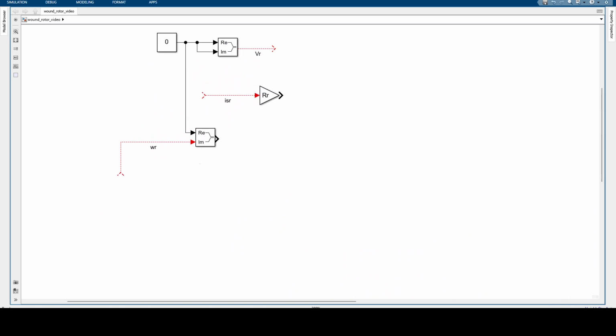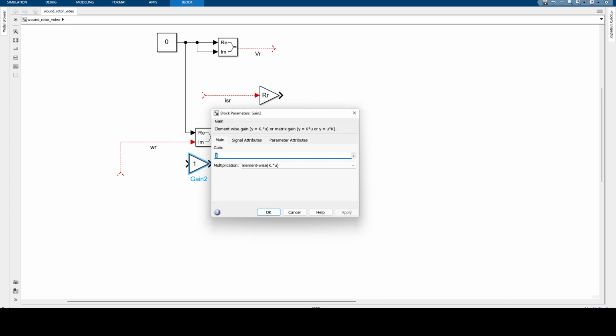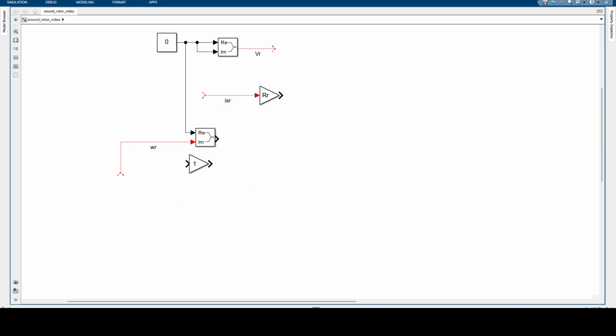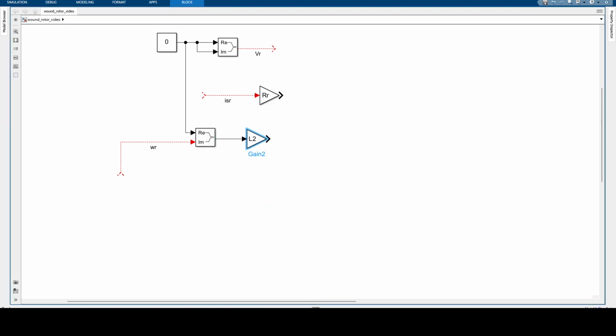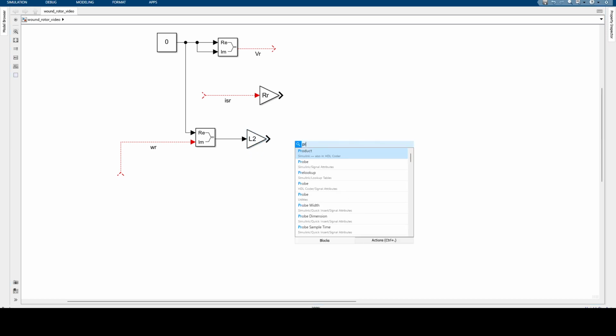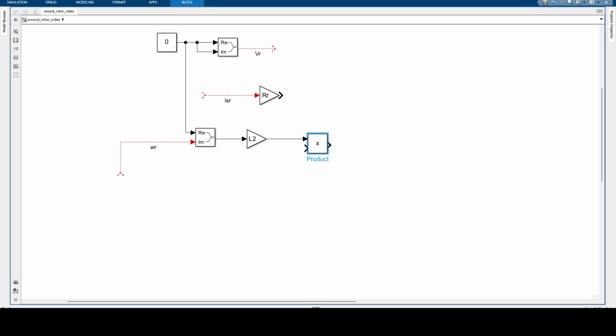So here we're going to have a gain of L2, and this is going to be multiplied by our ISR.